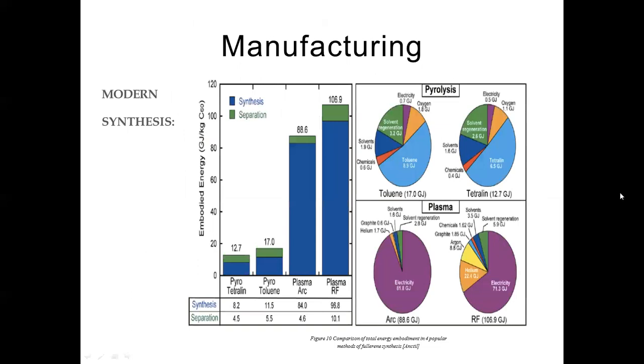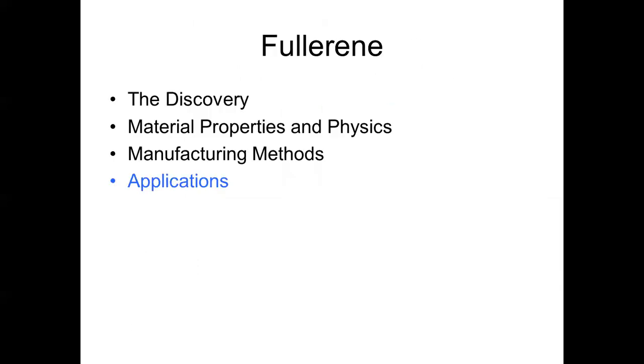So this shows the different types of synthesis that we could use. These are the percentages, the ratios of different materials, and the separation systems that we would use for these manufacturing methods.